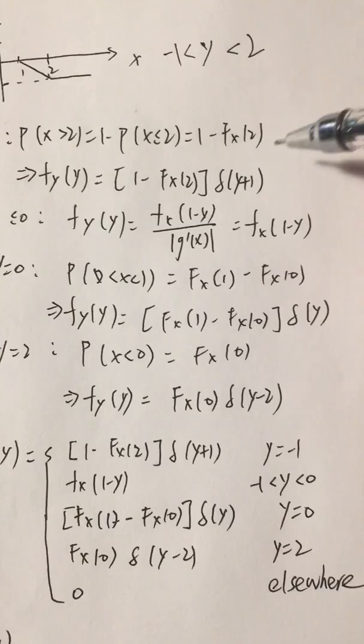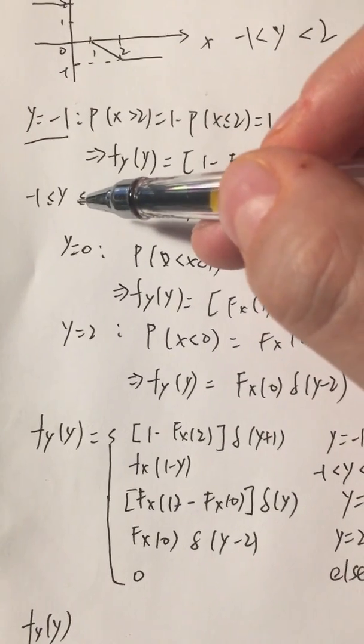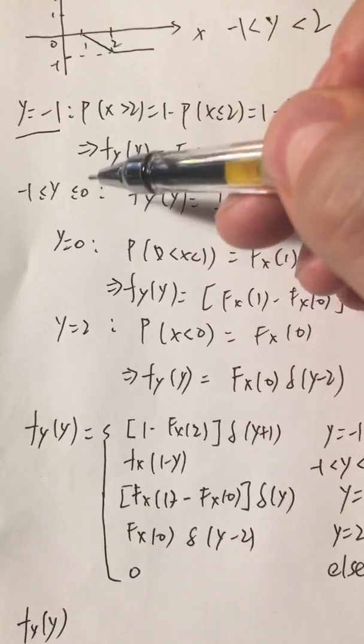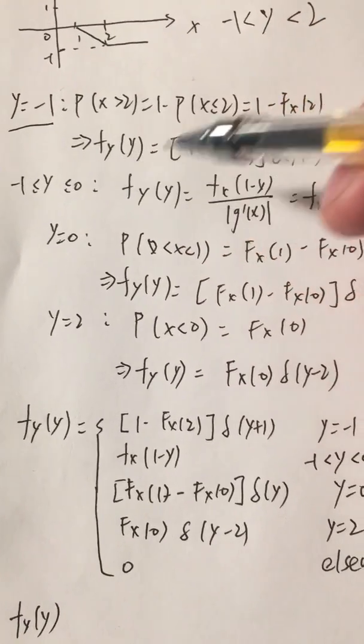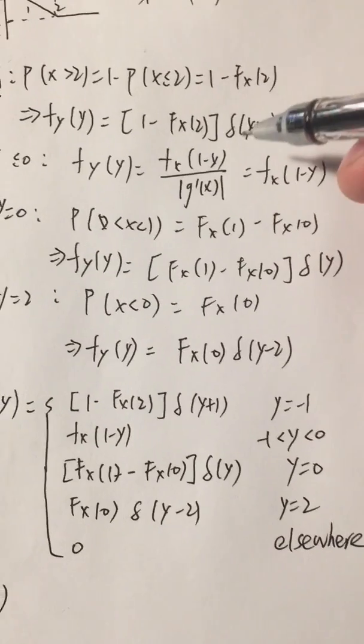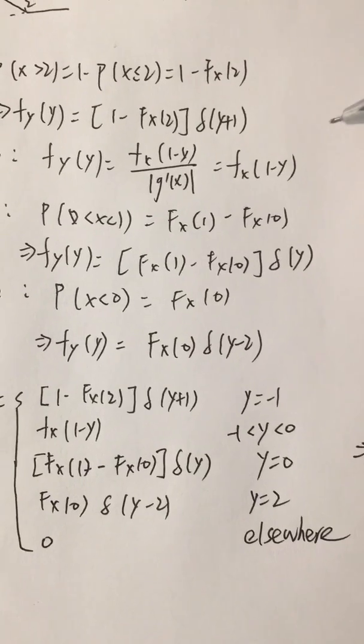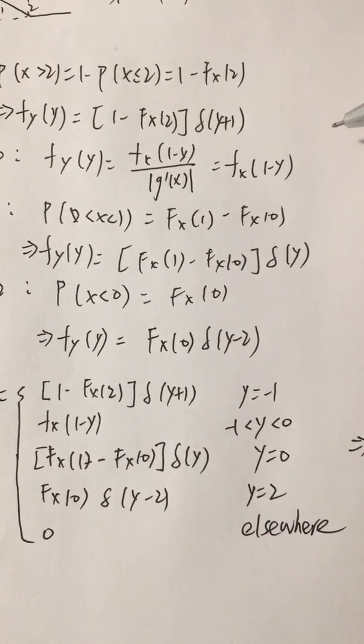delta(y plus 1). And when y is between -1 and 0, the fX can be calculated like this, which is fX of (1 minus y).